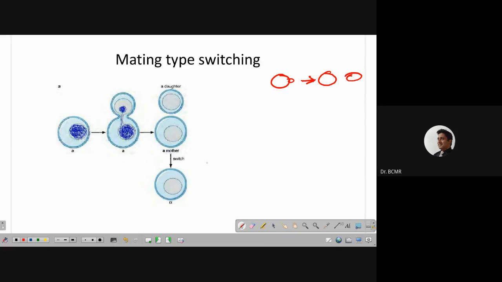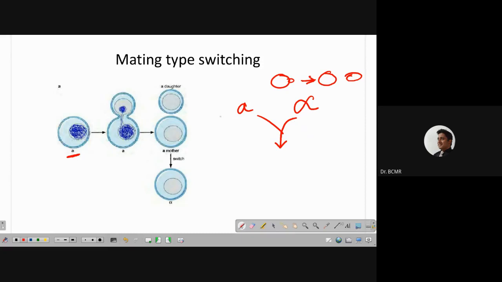But people have noticed that there is sexual reproduction in yeast, and there are two types of sexes. One is called A, and the other one is called alpha. Sexual reproduction always happens between A and alpha.